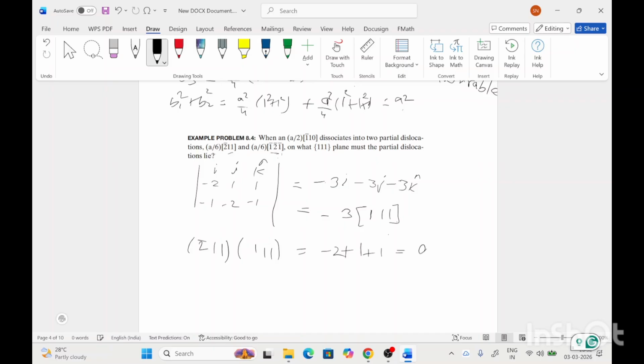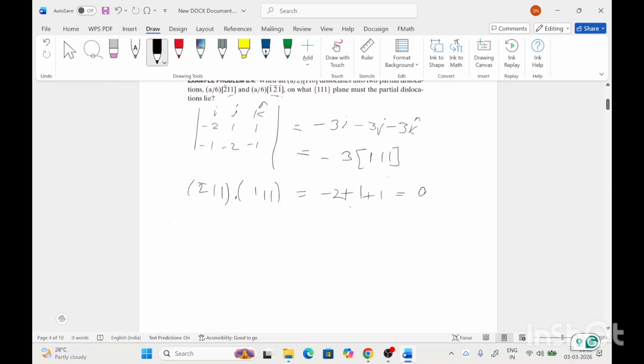So the dot product of the partial dislocation and the plane will be 0. So we can say that the 111 plane is the plane for the partial dislocations.